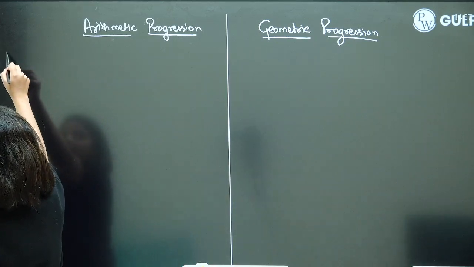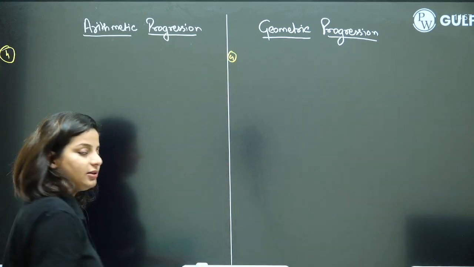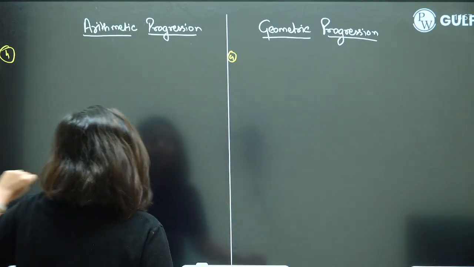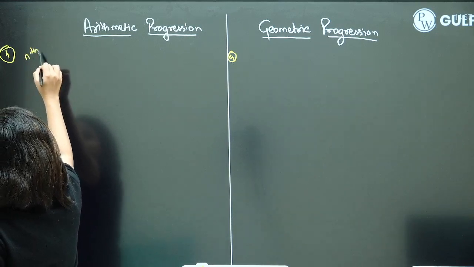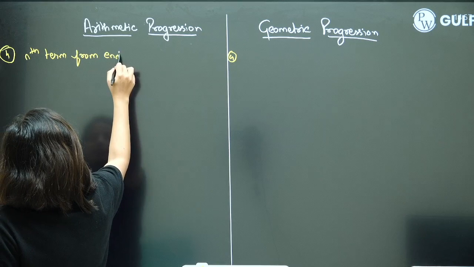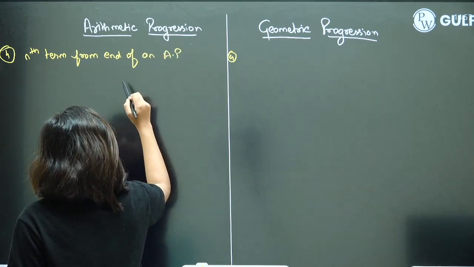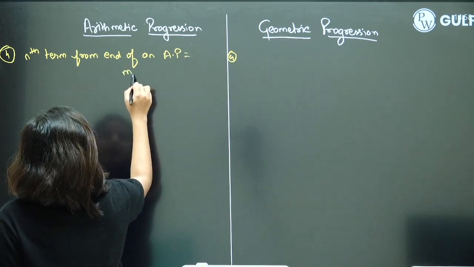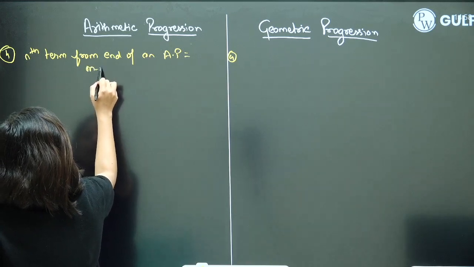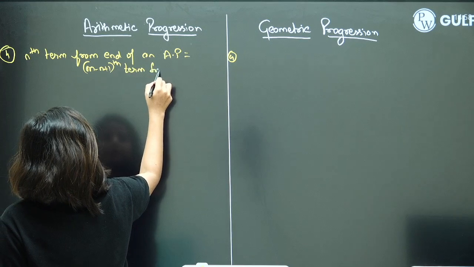Formula is clear. Let's move to the next formula. After the nth term, we see the nth term from behind, the nth term from the end. The nth term from the end of an AP is given by the formula: it is nothing but the (m minus n plus 1)th term from the beginning.